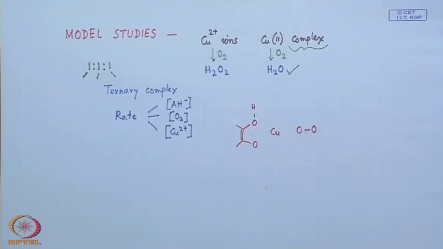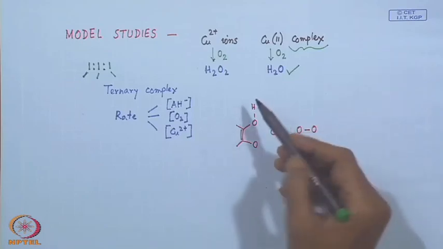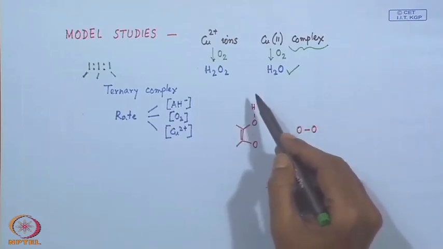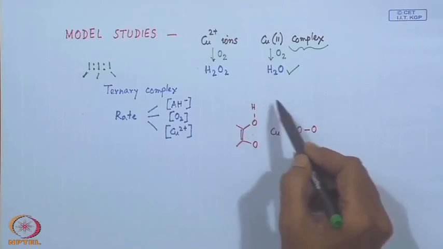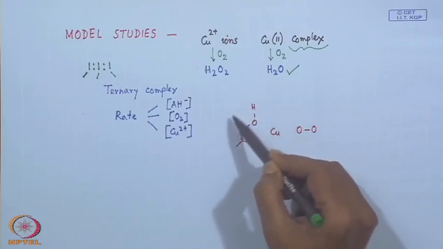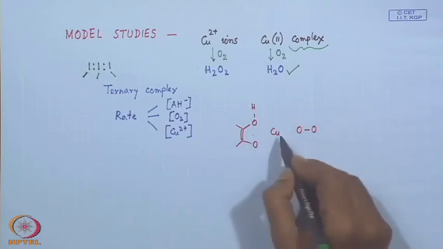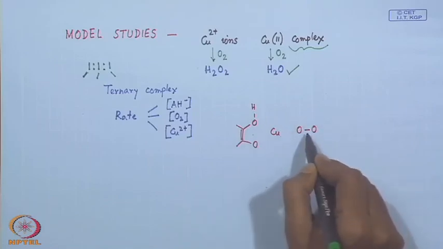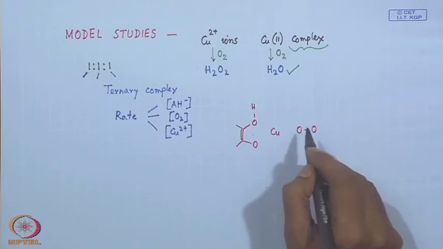This is a very simple system where you have a substrate functioning as a ligand. So, this entity you can consider as a metal complex, the substrate plus metal center, which then reacts with your dioxygen molecule.